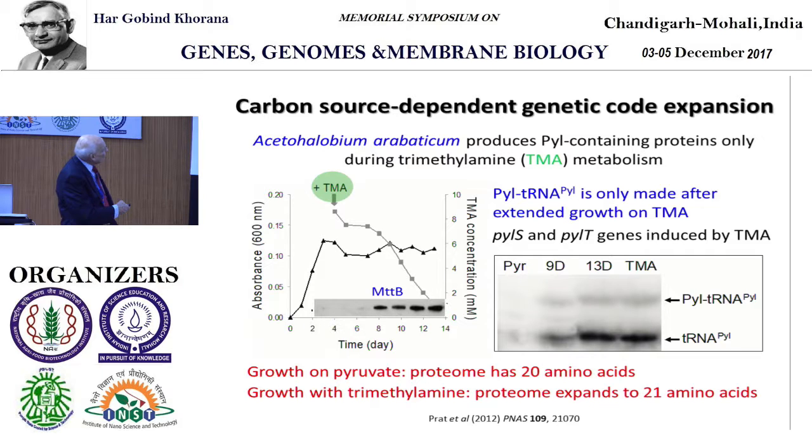And when we did this, you could see that the deletion will no longer grow on trimethylamine, because pyrrolysine is absent. But it still grows on methanol. So we then said, fine, why don't we go ahead and try a proteomic analysis to see what happens? And this is the final result.